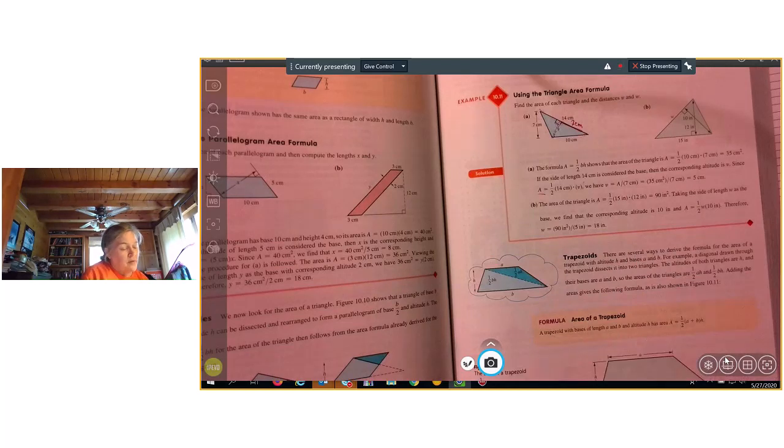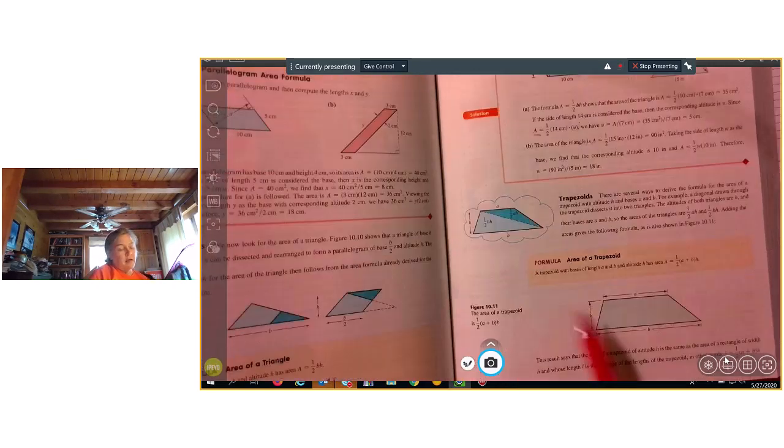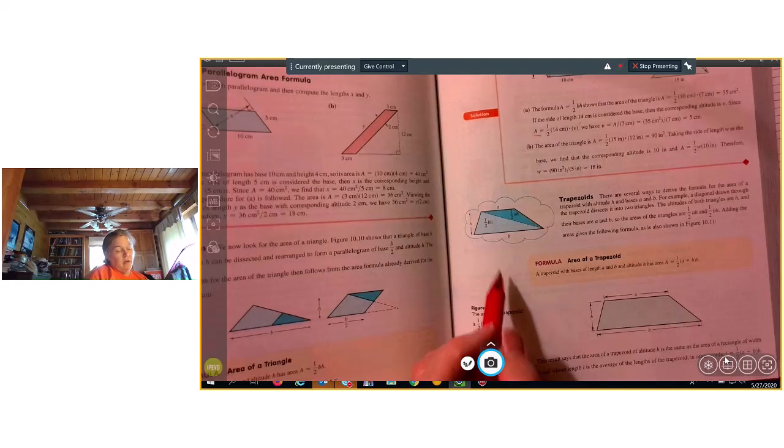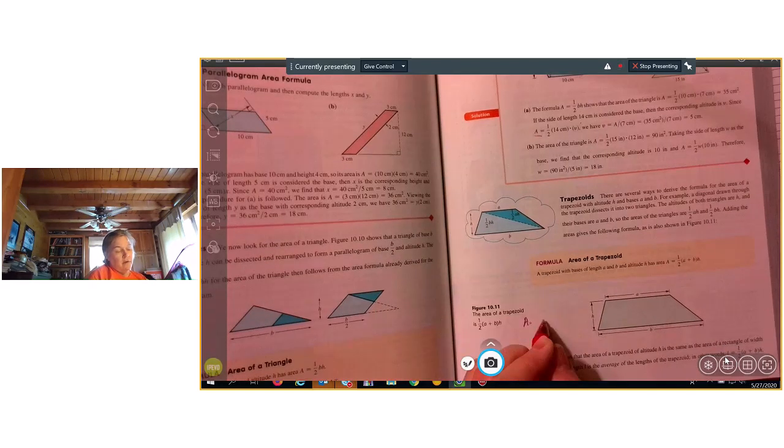Now, here you have a trapezoid. All of these are the same thing. The trapezoid, though, I've always learned this formula by saying base 1 and base 2. So the area is going to equal 1/2 times b sub 1 plus b sub 2, times h.